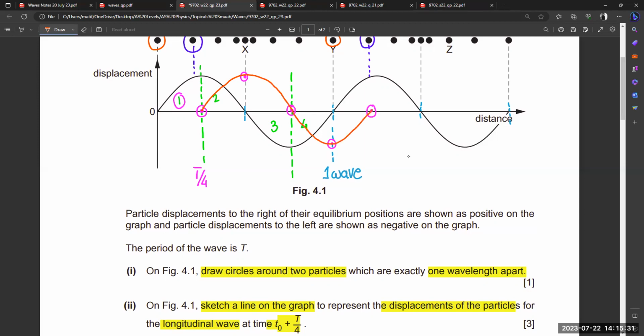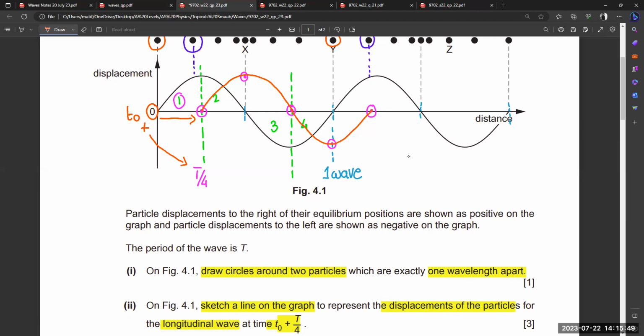So this red wave shows you that this initial time is t naught, and we just simply add the T by 4. So our initial position was displaced from 0 to a point, right?